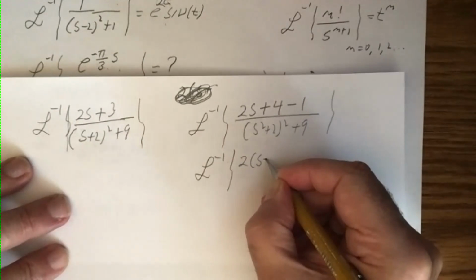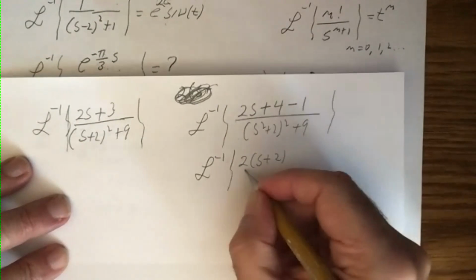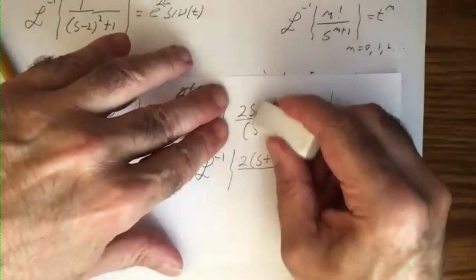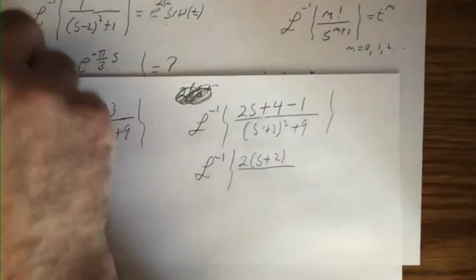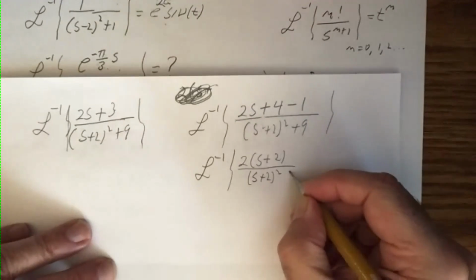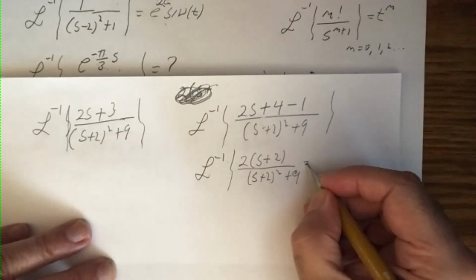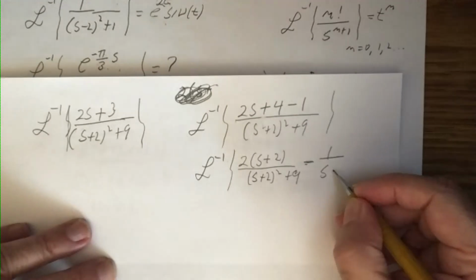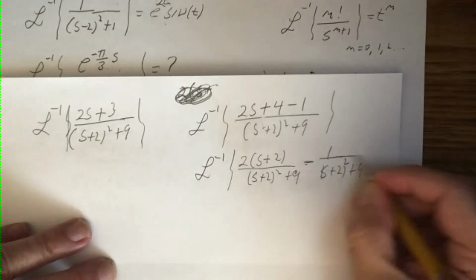Now I get 2 times s plus 2 over s plus 2 squared plus 9, and then minus 1 over s plus 2 squared plus 9.